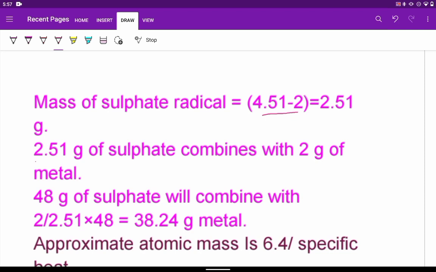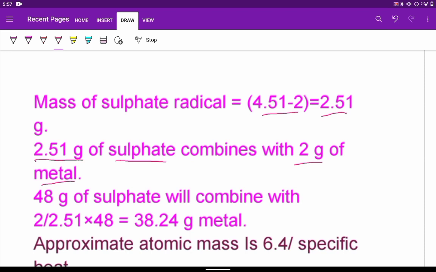So 2.51 grams of sulfate is combining with 2 grams of metal, because 2 grams is given and the total metal sulfate is 4.51, so only the sulfate radical is 2.51.